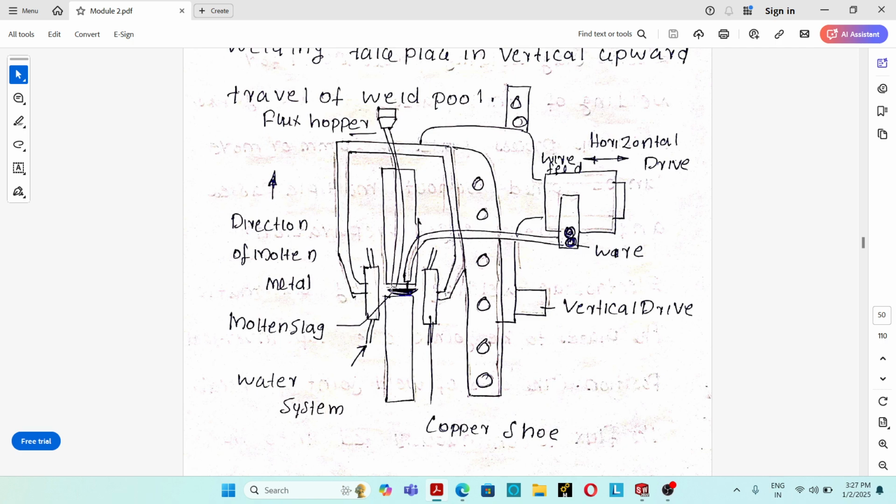So this is the working principle of the electroslag welding process. The main point is that electroslag welding is commonly used to weld thick plate above 25 mm in a single pass without edge preparation. That's the main point regarding the electroslag welding process.